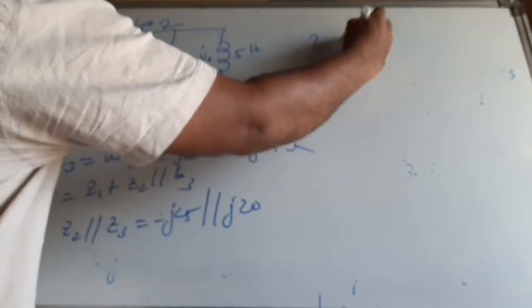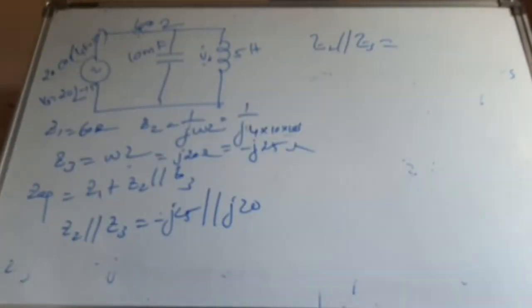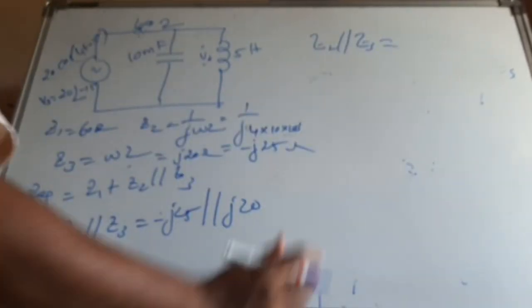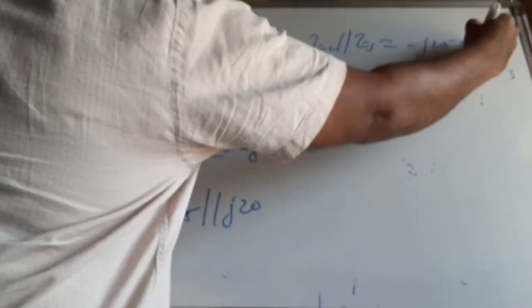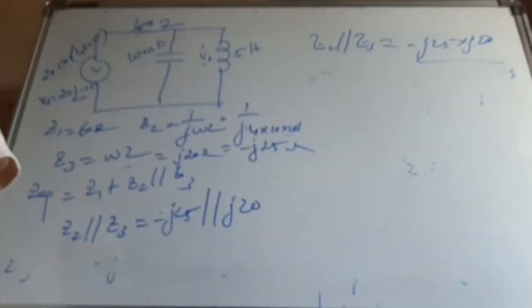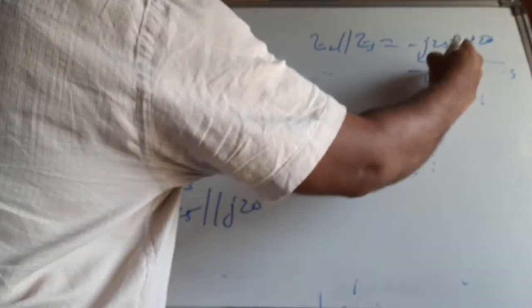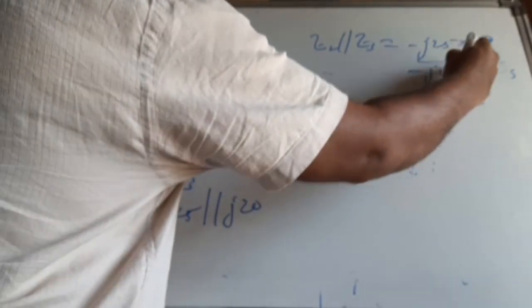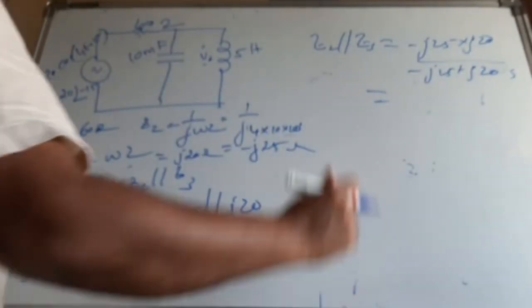Z2 parallel Z3 can be written as minus j25 into j20 divided by minus j25 plus j20, which on simplification we get the result.